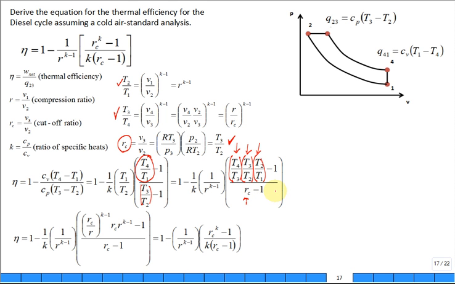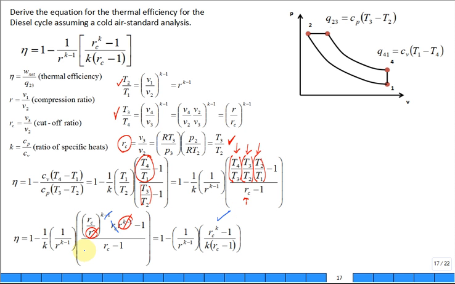So the numerator takes more work. In the numerator you get the multiplication of these three terms, this one, this one, this one. And then you just simplify, and then you have R sub C times R sub C to the K minus 1. So that R sub C cancels with the R sub C to the minus 1, leaving only R sub C to the K. And there you go.